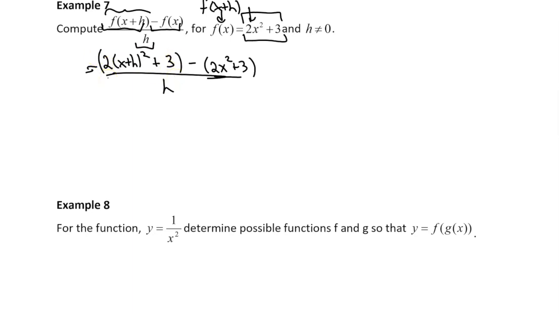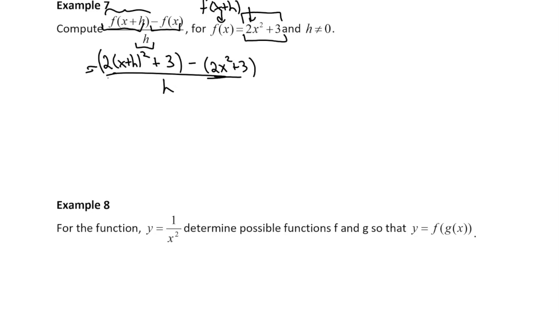So if that part was a little bit strange, just pause, rewind that. But all we're doing is we're saying that my f of x statement is now being replaced by an f of x plus h statement. So wherever I have an x, I'm going to replace with an x plus h, which is why instead of having 2x squared plus 3, I now have 2(x plus h) squared plus 3.